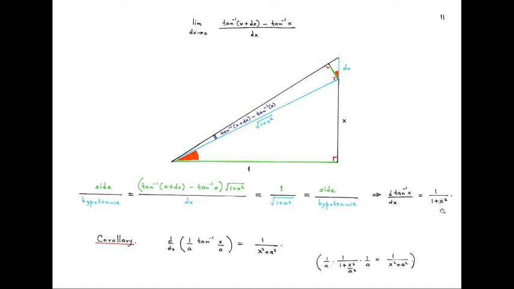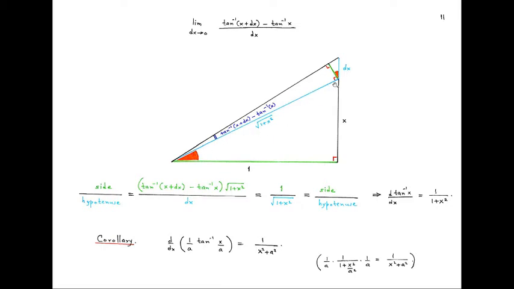rather than giving an analytic proof of this, let's give a geometric argument to convince ourselves that this should be true. So we start with a right angle triangle where this height is x and this base length is 1, so that we know that this red wedge angle is equal to tan inverse of x. And then by Pythagoras theorem in this right angle triangle, this blue hypotenuse length will be the square root of 1 square plus x square.